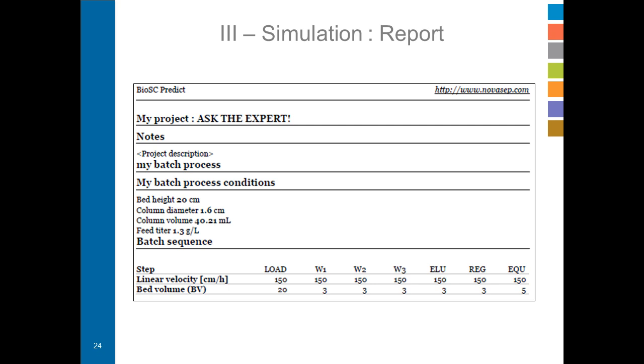So this is a PDF format normally, but just to go through what can be exported from this report: information about your batch process, the bed height, the diameter, the feed titer, the steps of your batch process.